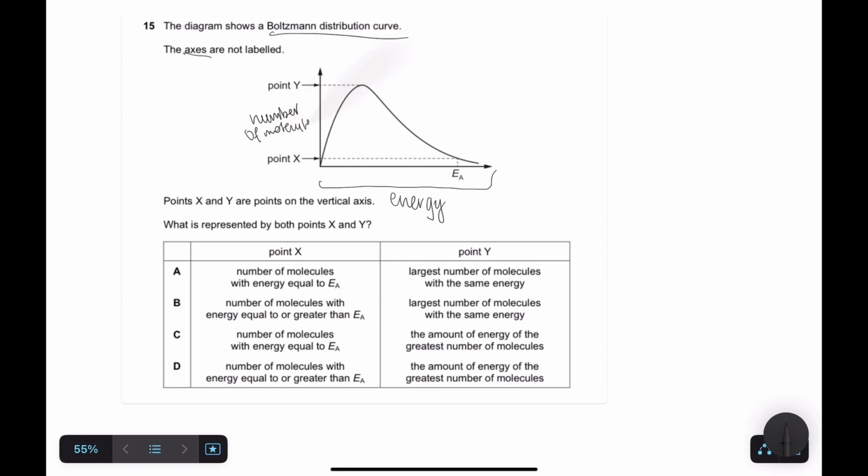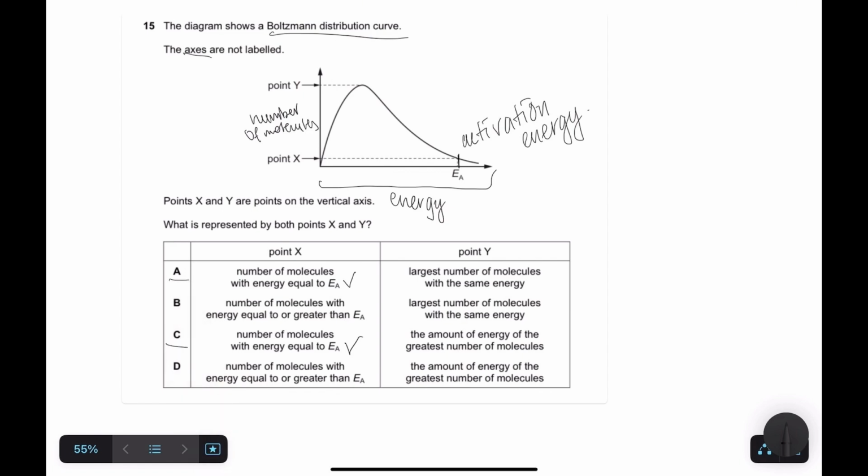So point X is the number of molecules with energy equal to activation energy, EA. So A or C can be the right answer.